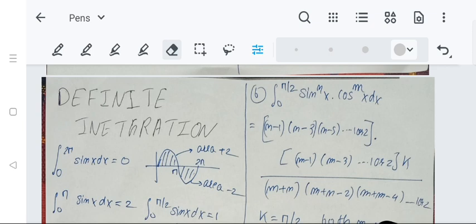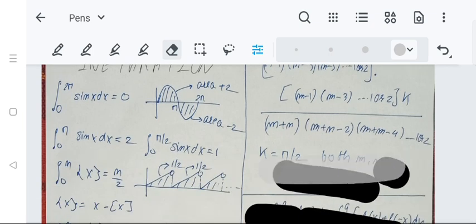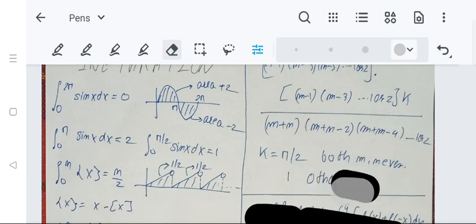Odd terms in numerator, even terms in denominator, but just a little different: n minus 1, n minus 3, n minus 5 till 1 or 2 comes, then m minus 1, m minus 3 till 1 or 2 comes, divided by the denominator, which has m plus n, m plus n minus 2, m plus n minus 4 till 1 or 2 comes, and multiplied by k. And k is here pi by 2 if m and n both are even, otherwise 1.